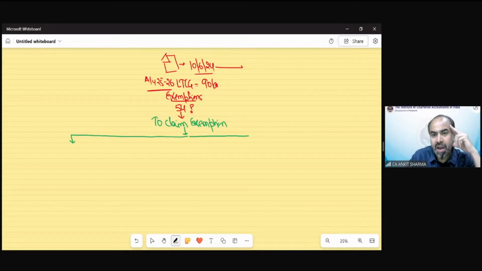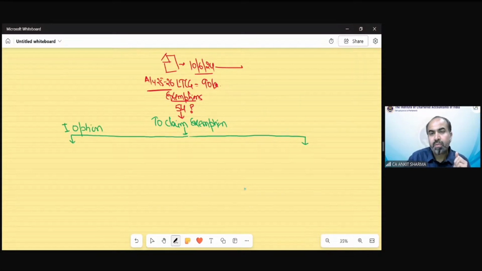You have two options for claiming exemption in this previous year, in this assessment year. So you have two options, option 1 and option 2. Either you fulfill option 1, then you can claim exemption in this assessment year, or you fulfill option number 2. Then you can claim the exemption in the current previous year or assessment year.